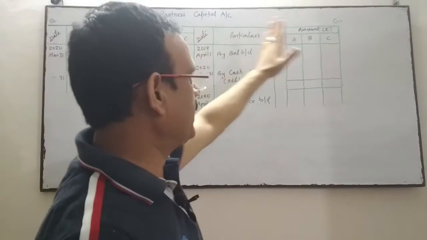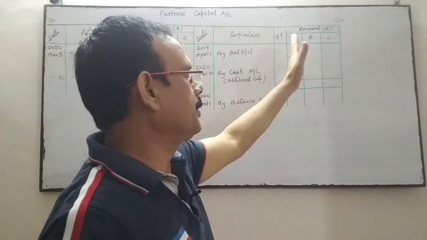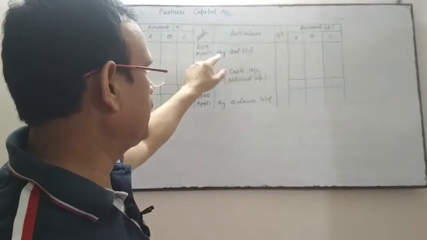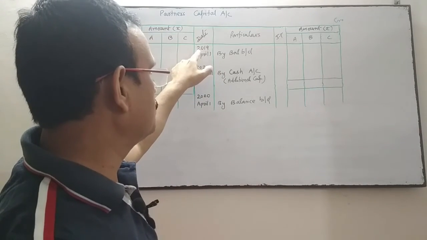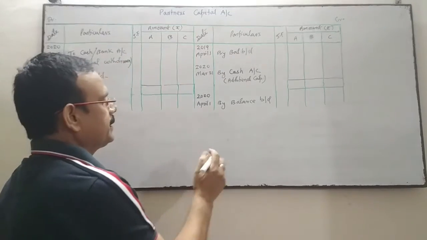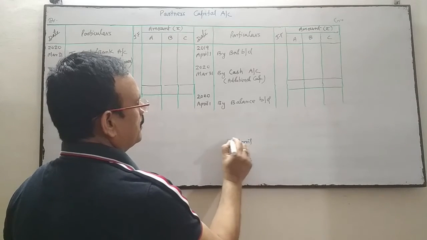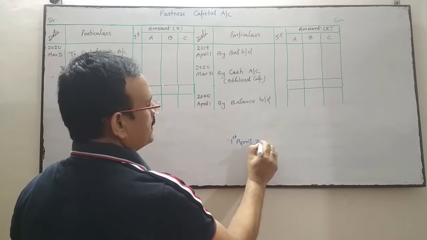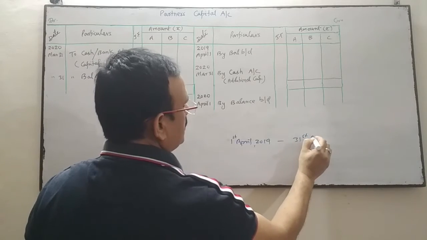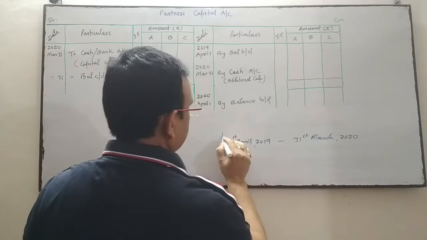Now the credit side, the same items: date, particulars, journal folio, amount for the three partners A, B and C. This is for the credit side. So in the credit side, we will start with 2019. Suppose our financial year starts from 1st April 2019 to 31st March 2020. This is our financial year.